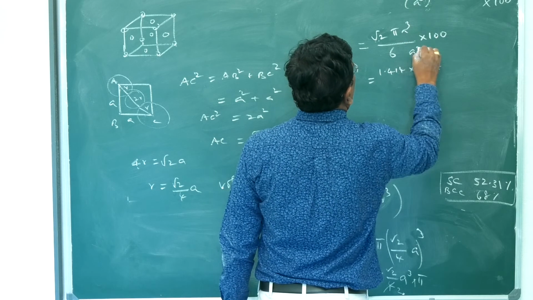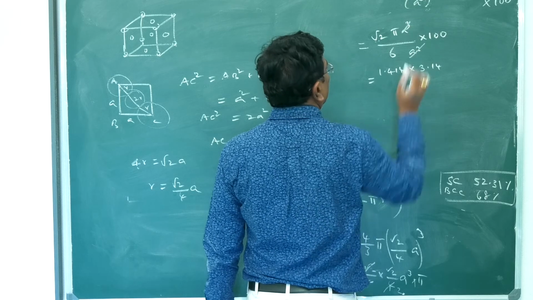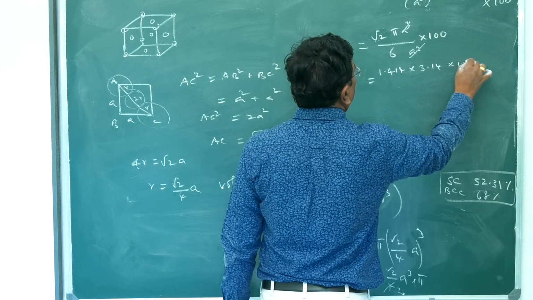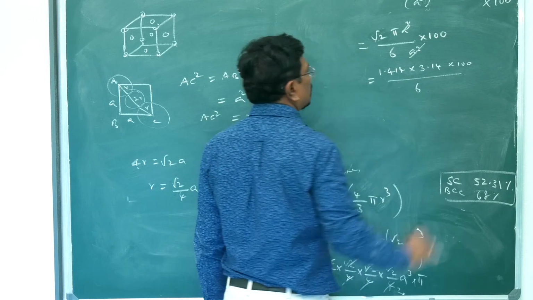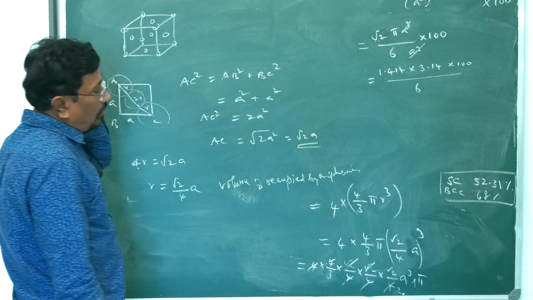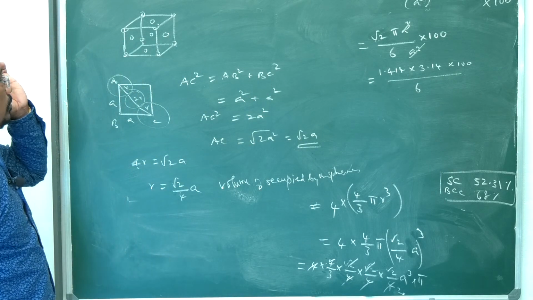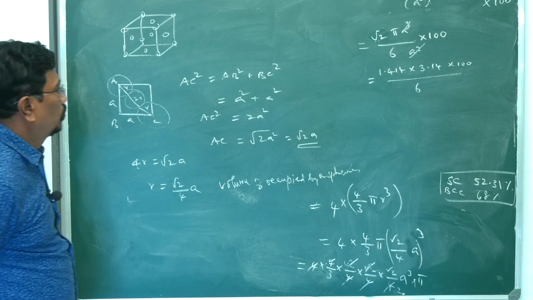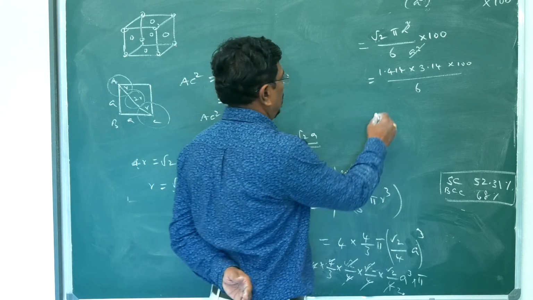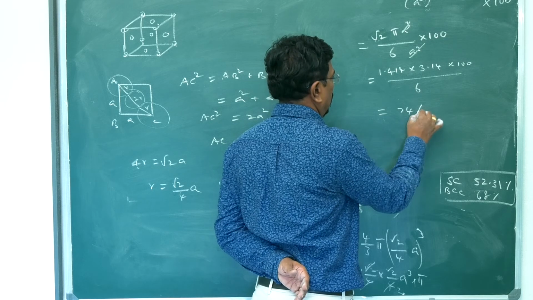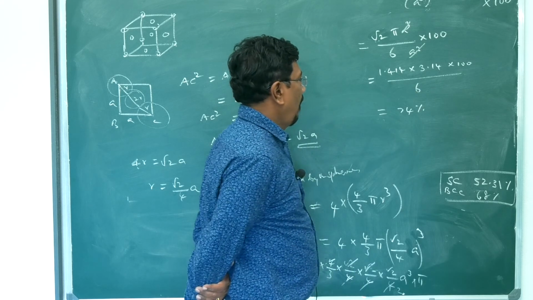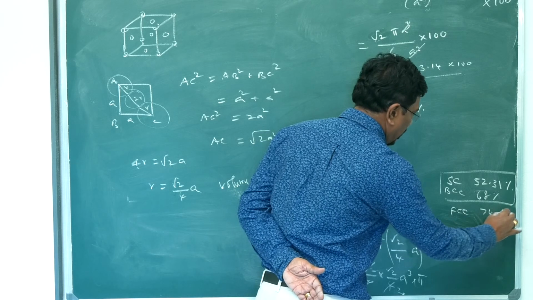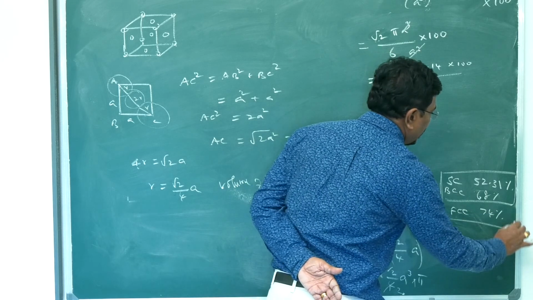Here volume of unit cell, a cube, gets cancelled. So 1.414 into 3.14 into 100 divided by 6. So this value comes to 74%. So that is for FCC, the packing efficiency is 74%.